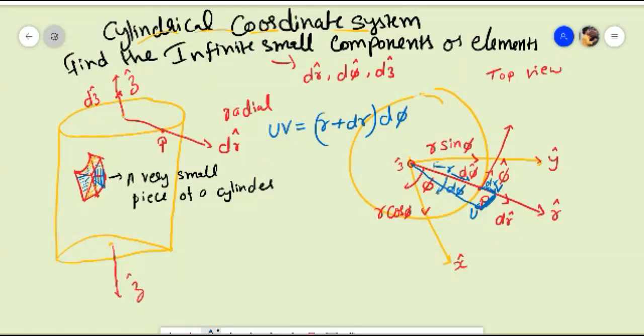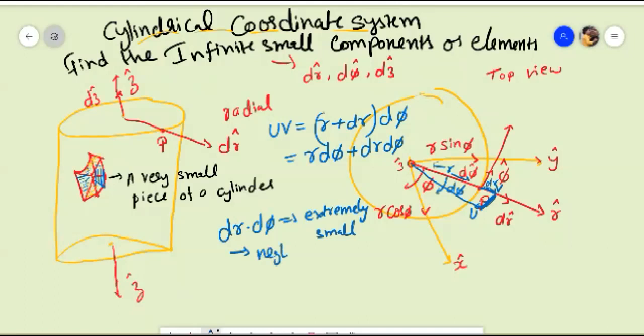Okay, so we can expand this. It will be equal to r multiplied by d phi plus dr multiplied by d phi. Now we know that dr multiplied by d phi is an extremely small piece, and we can just neglect it because it's so small.